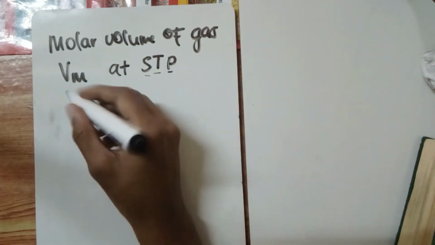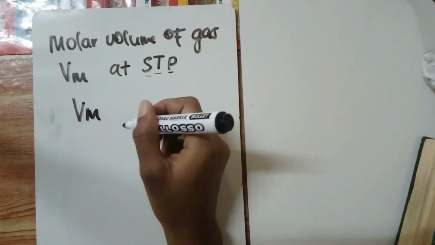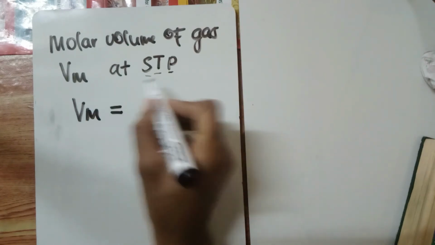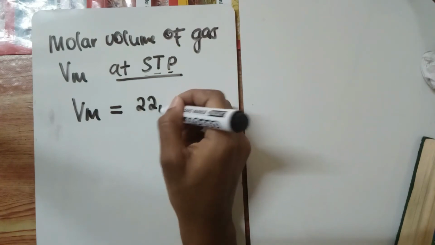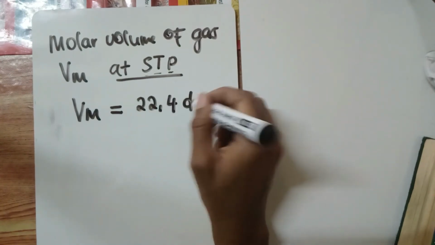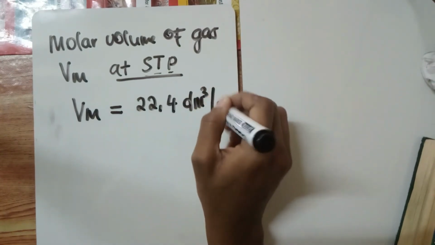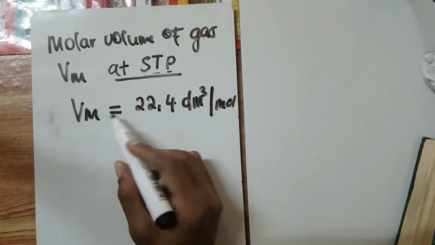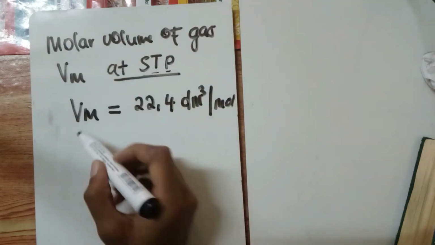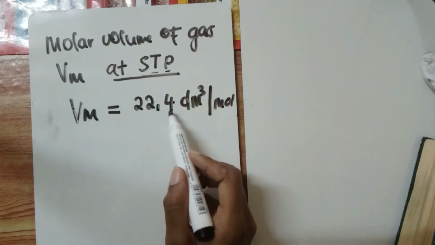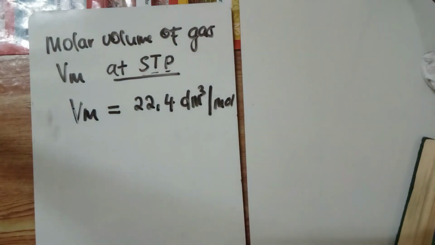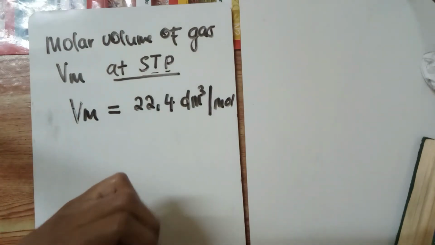And they say that Vm for all gases at STP, that's important, is equal to 22.4 cubic decimeters per mole. So for all gases at STP, the molar volume is 22.4 cubic decimeters per mole, right?